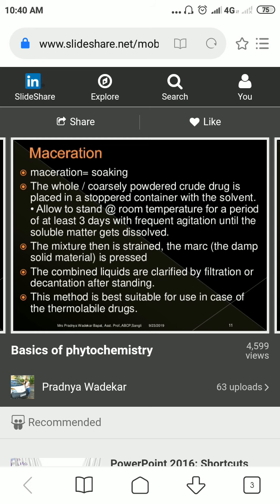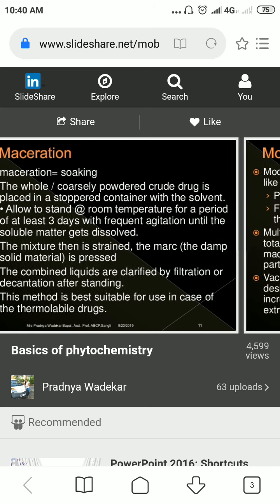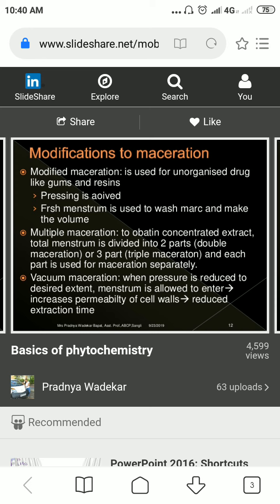But the disadvantages of maceration: there are chances of sedimentation, and after sedimentation the efficiency of extraction gets reduced. So we have to occasionally agitate the sample, and we cannot get completely extracted phytoconstituent because this method has limitations.